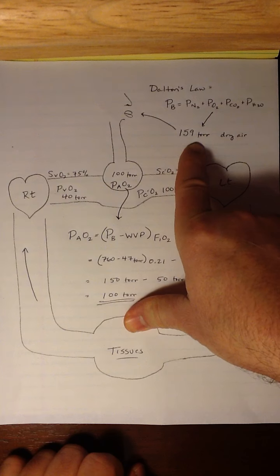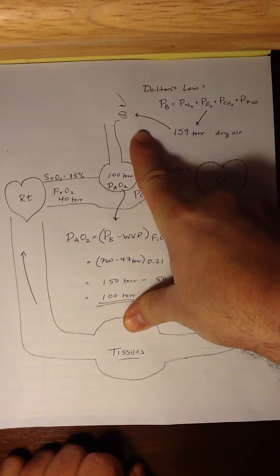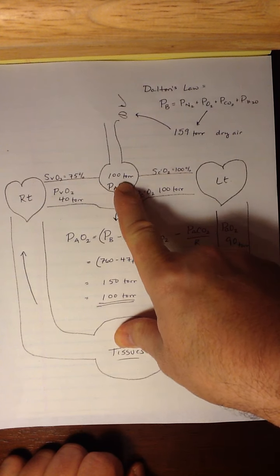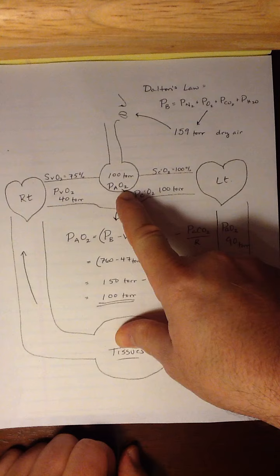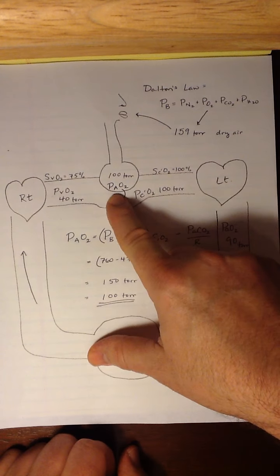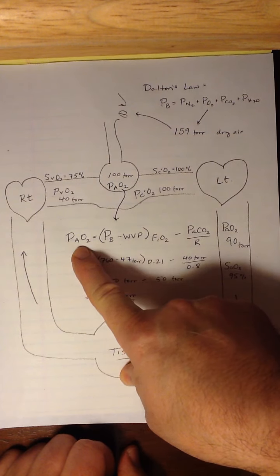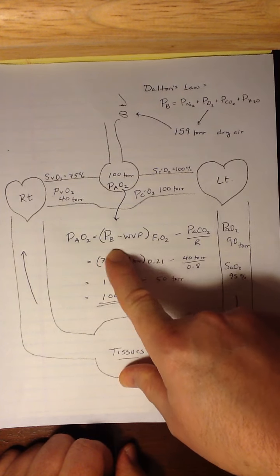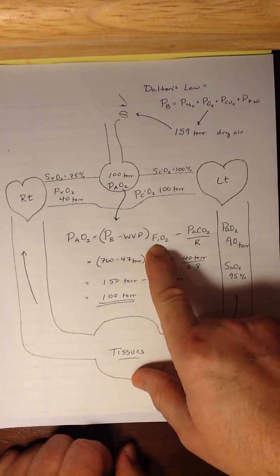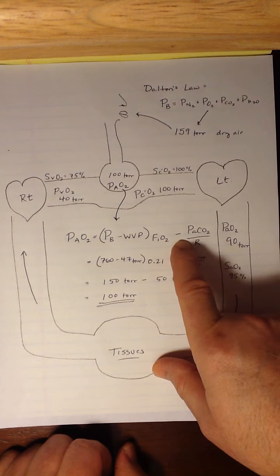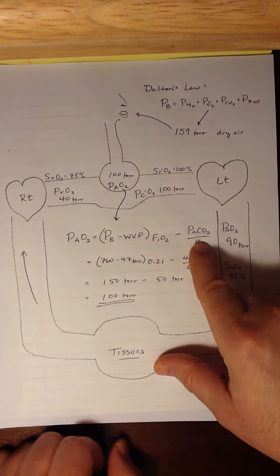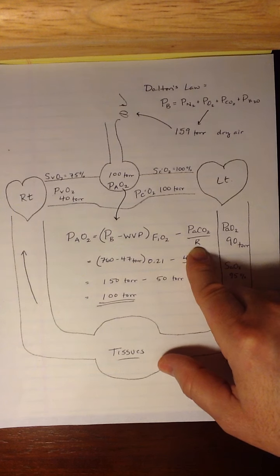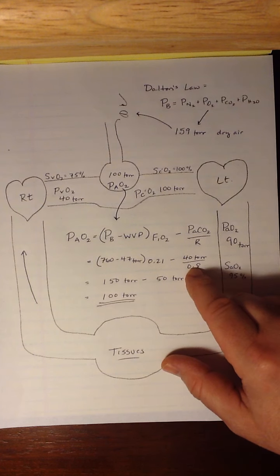Inspiring 159 torr for our PO2, we see that by the time it makes its way down into the alveolus, it's only 100 torr approximately. That's our PAO2. So to solve for alveolar oxygen, again we've got that alveolar air equation, which you'll recognize: barometric pressure minus water vapor pressure, multiplied by the FiO2, and then from that we subtract the patient's PaCO2 divided by the respiratory quotient or respiratory exchange ratio, which is 0.8.